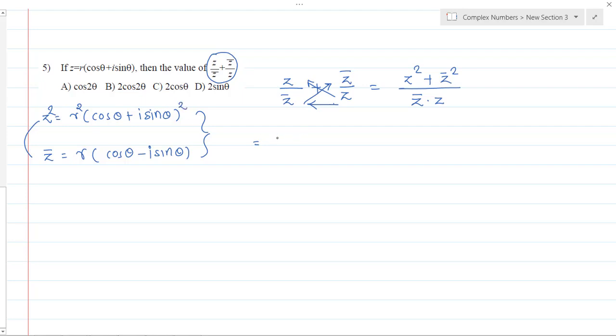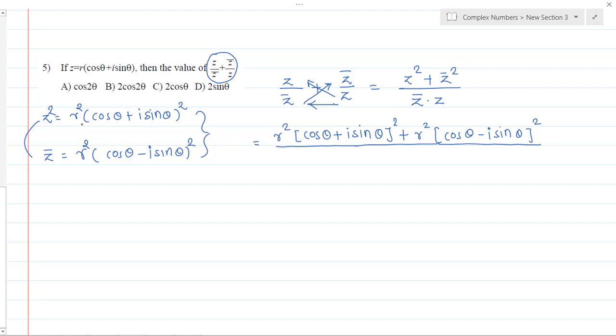So I will have r square into cos theta plus i sin theta whole square, plus z bar square means r square and cos theta minus i sin theta whole square, whole divided by z bar into z, the multiplication of these two.